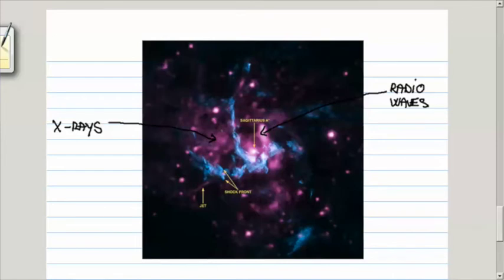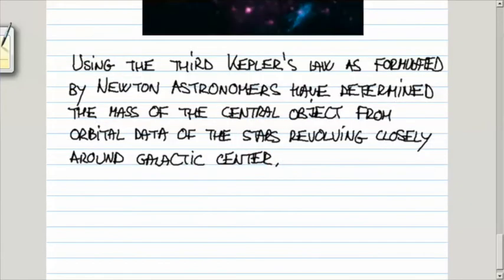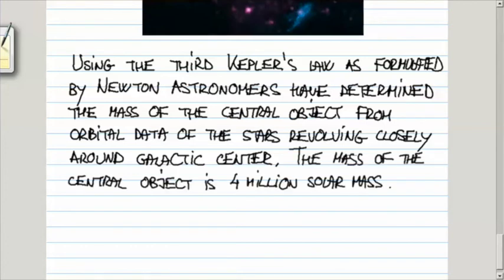So astronomers, by observing how the stars and gas and dust move around the very galactic center, can calculate the mass of this central object, just like we always do by using Kepler's third law as formulated by Newton. And the result is astonishing. The mass of the central object is 4 million solar masses. So something that massive can only be a black hole.